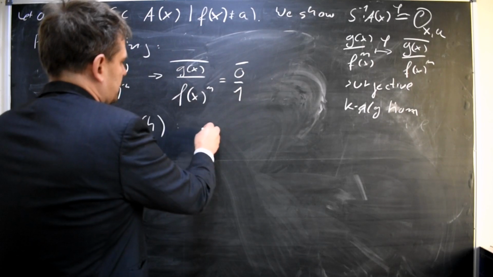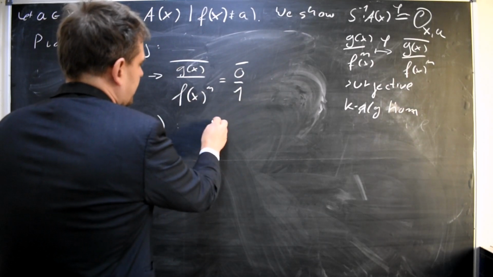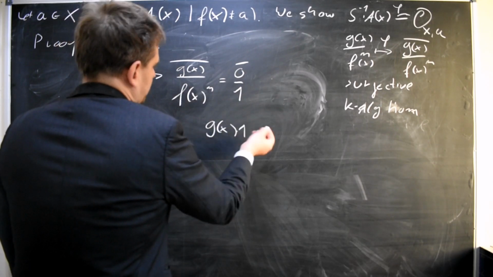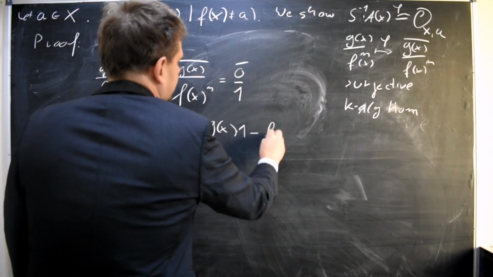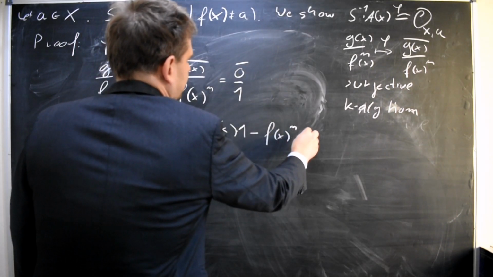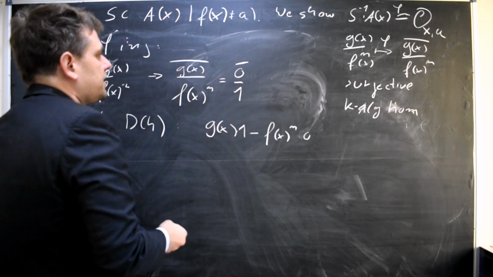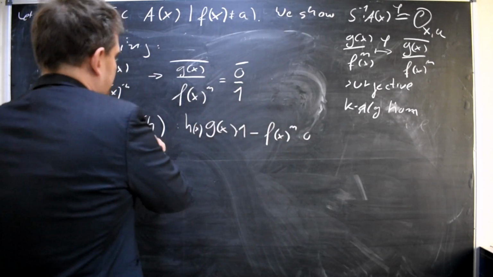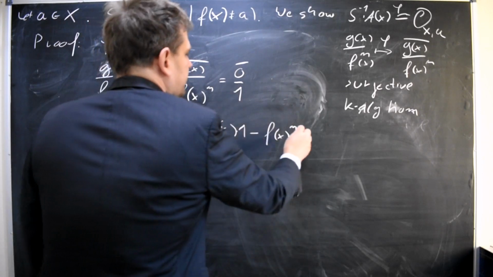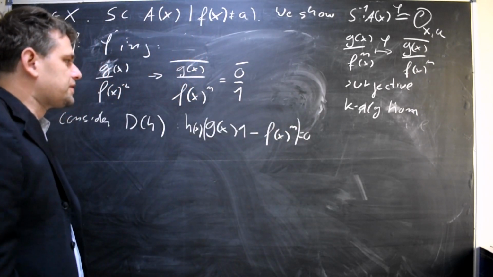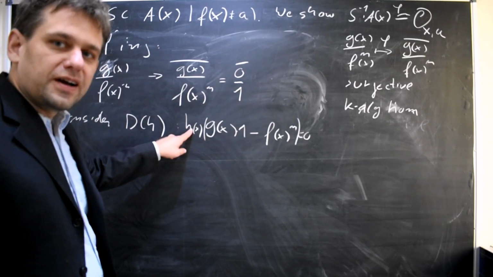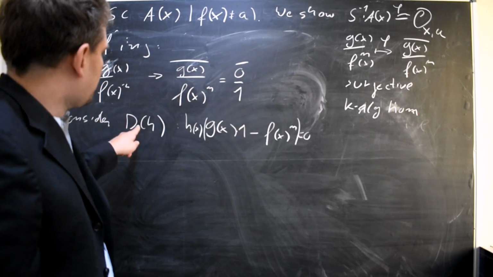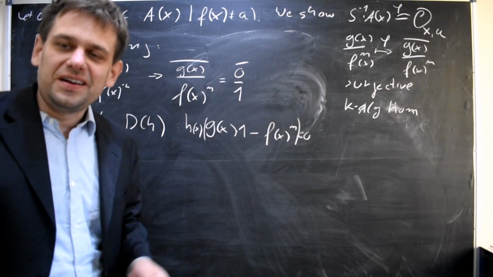And on this distinguished open subset we now have g(x) times 1, which is of course g(x), minus f(x)^n times 0, which is of course 0, times h(x). This h here is equal to 0, but this can't be 0 because we are, after all, on the distinguished open subset where h doesn't vanish.